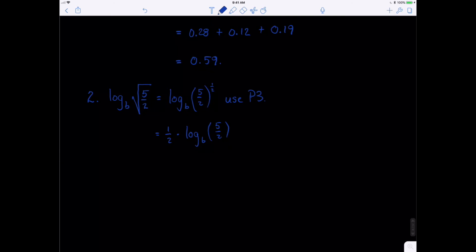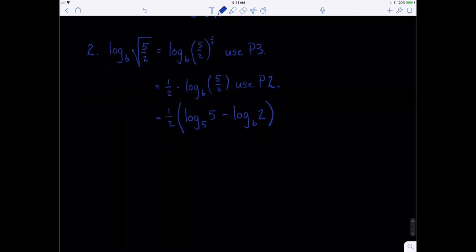Now look at this. This is a number divided by a number, so this is 1/2 times, and we can use property 2 now. That says that the log of a quotient can be written as the subtraction of logs. So let's write this: log base b of 5 minus log base b of 2. Oh, whoops, there's a mistake.